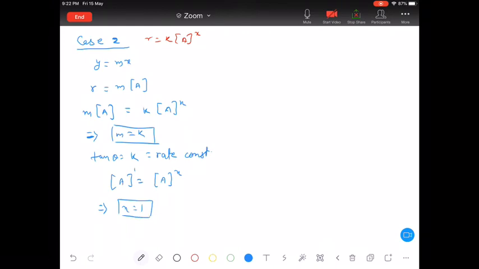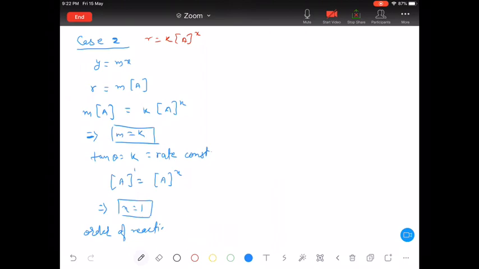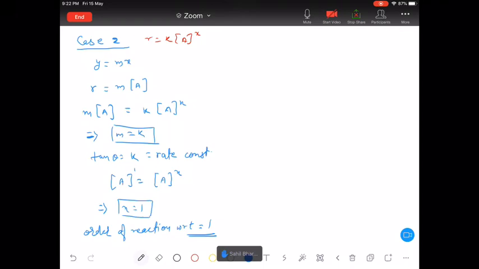Is that correct or not? So order of reaction with respect to A is equal to 1. So it is first order kinetics with respect to A. Any confusion, any doubt? Yes, Sahil Bhardwaj.